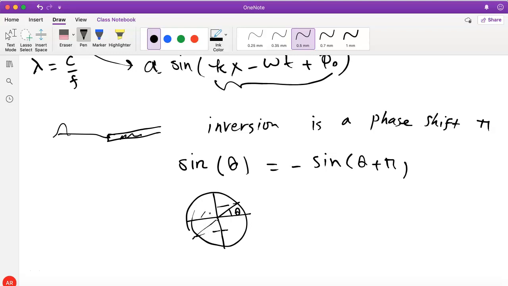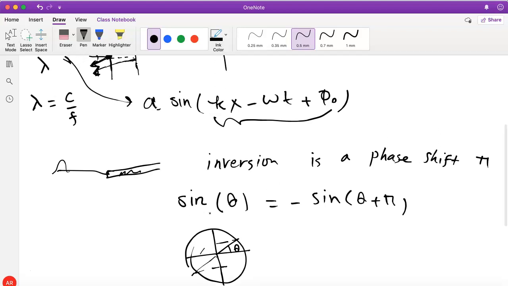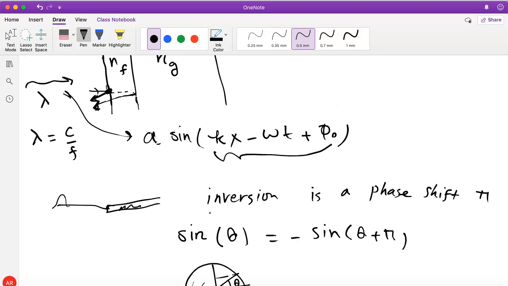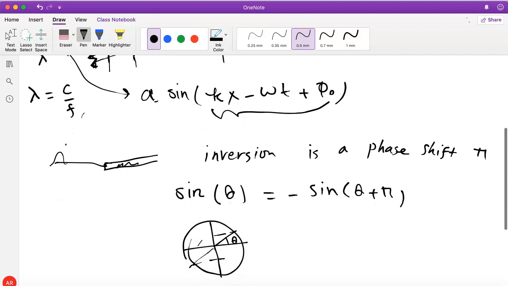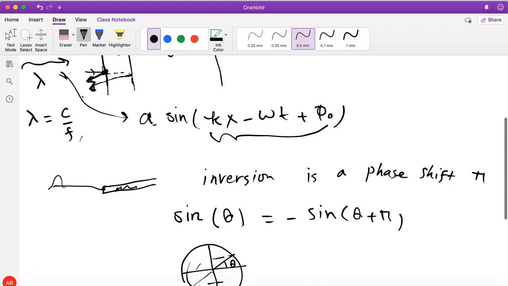So mathematically, the fact that the reflected wave is inverted, we can describe it by adding a phase shift of pi. Basically the incident and the reflected wave at the interface will have a phase difference of pi.